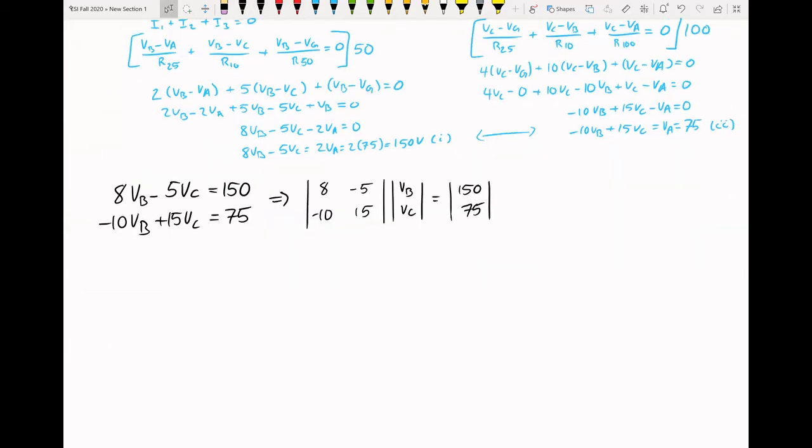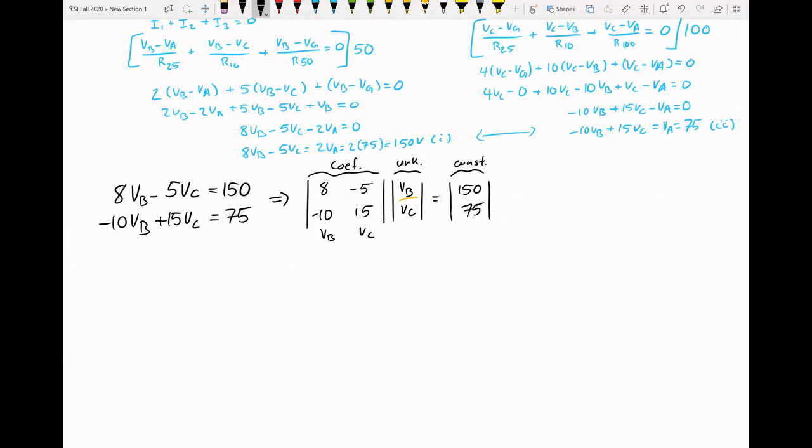So now what we'll do is, these are our coefficients, these are our unknowns, and then these are our constants or knowns. So what we'll do is every time we want to solve for an unknown, we'll just replace that column with the constant. So this is the V of B column, this is the V of C column.